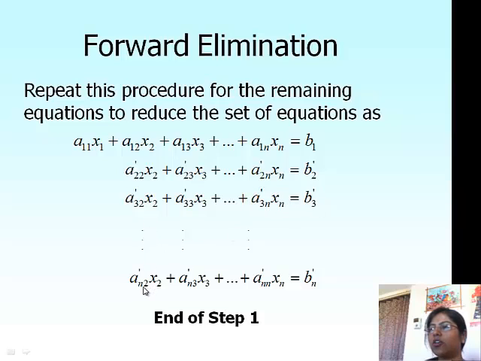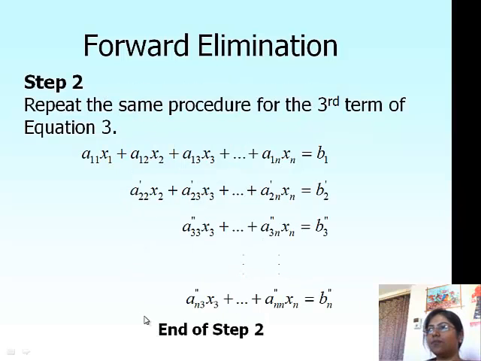If we continue up till the n-th equation, we get an2 dash x2 plus an3 dash x3 plus up till ann dash xn equals bn dash. This is the end of our step 1.